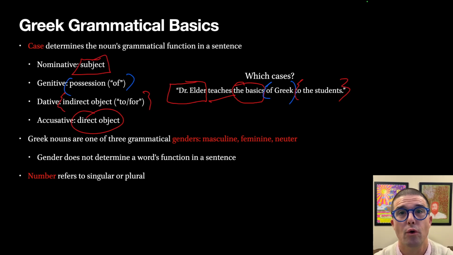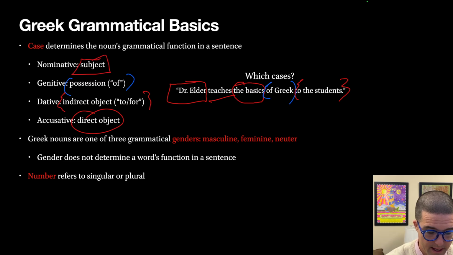So my marking is going to look something like this. The subject of the sentence is Dr. Elder. In Greek, this would be in the nominative case. The verb is underlined here as teaches. This would be a present active indicative, third person singular, if we were to parse the verb. The basics is going to be the direct object in the accusative.